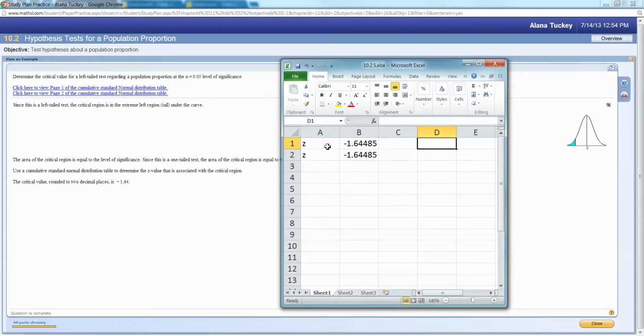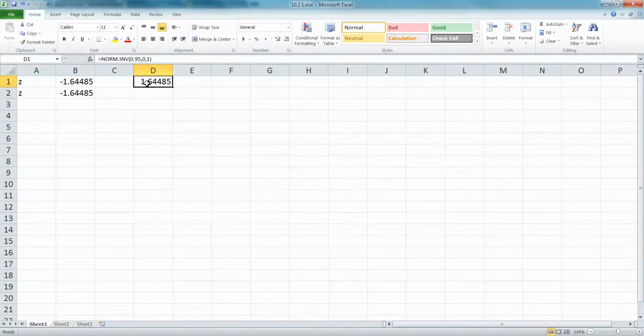If you were doing a right-tailed test, you would do equals NORM.INV 0.95, 0, 1. Although honestly, and here's the kicker, if you know what one is, you kind of know what the other one is, right? I mean, if the left-tailed one is negative 1.645, then the positive one is positive 1.645 for the right-tailed.